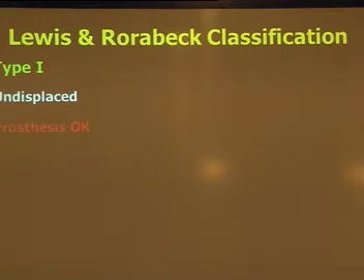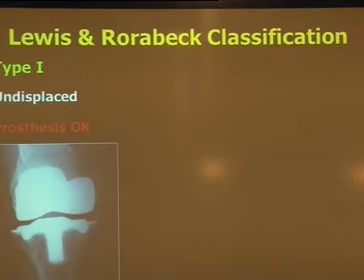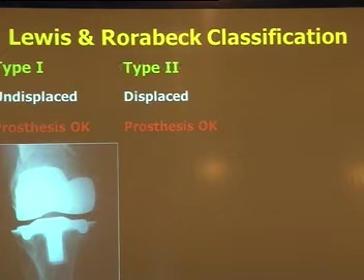And here I will take you through a very simplistic classification. I don't think we need to know names, but basically type 1 is an undisplaced fracture and your prosthesis is stable, or well fixed, as you see in this example over here. The type 2 is a displaced fracture, but the prosthesis is still intact or not loose.